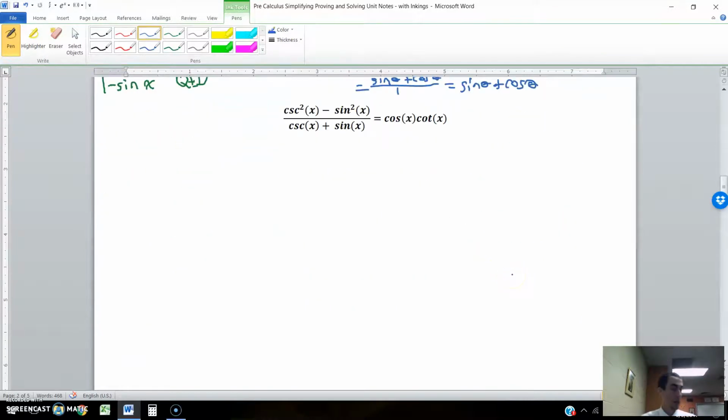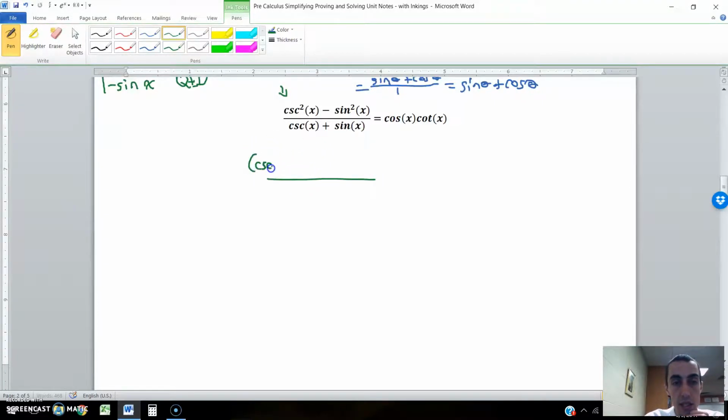Last one. This left side looks like the more complicated side to me, so we're going to work with this side here. So I see a square minus a square. This is again difference of squares, and so we will factor it.